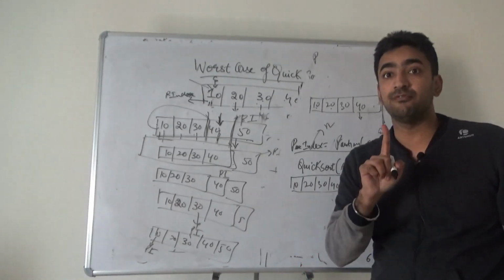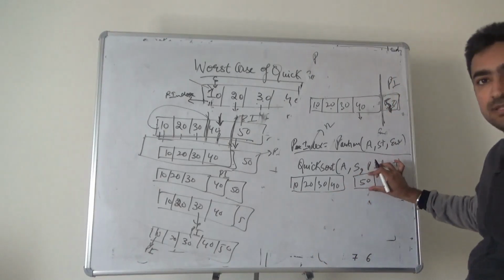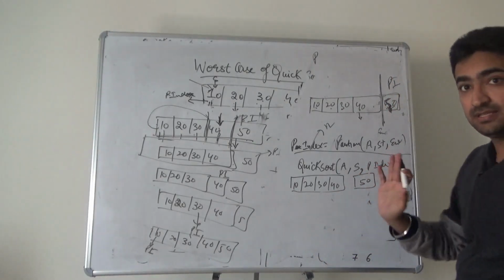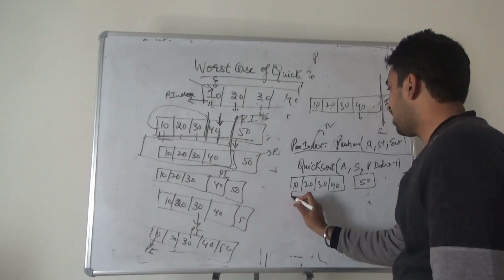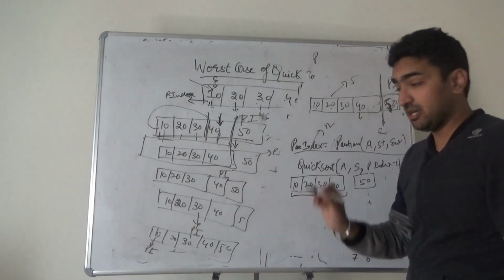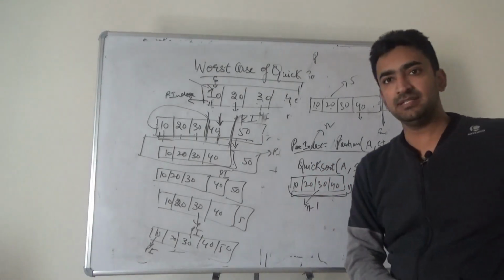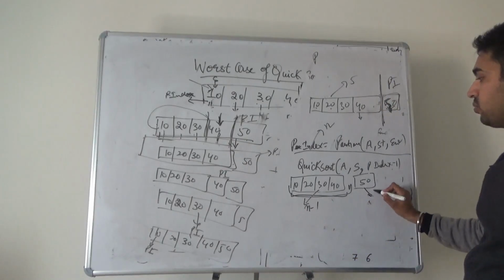I am talking about the very first iteration. So this was the partition that was done. How many elements are these? These are a total of 5 elements. Now these were n minus 1 elements and this was only 1 element.